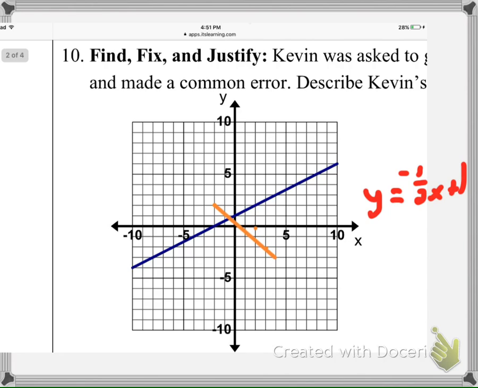Clearly I did something wrong here. What did I do wrong here? So here's my thing. Down 1, over 2, down 1, oh, over 2 right here. This point does not belong here. Okay, let's try this again. There you go. That's the graph that they should have done of y equals negative 1/2 x plus 1.